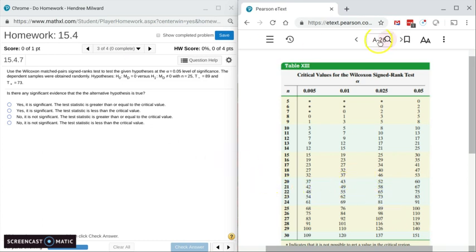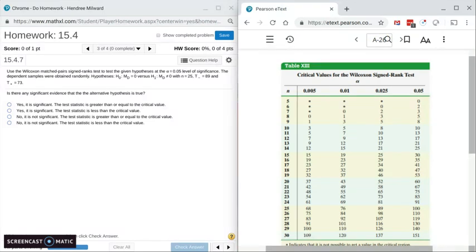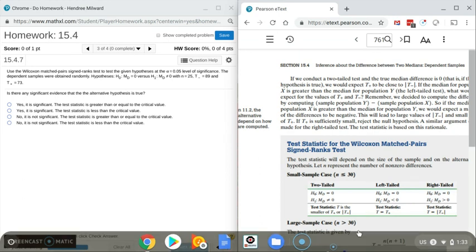Okay, so let me go back to the page in the book. That was page 761. Now what we need to know is how to compare the test statistic with the critical value, right?